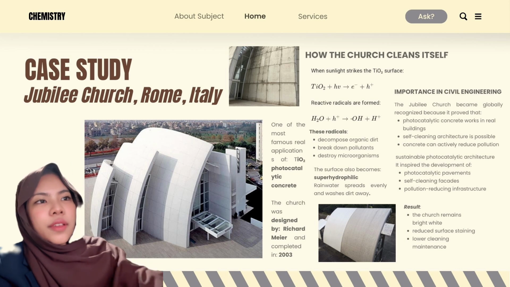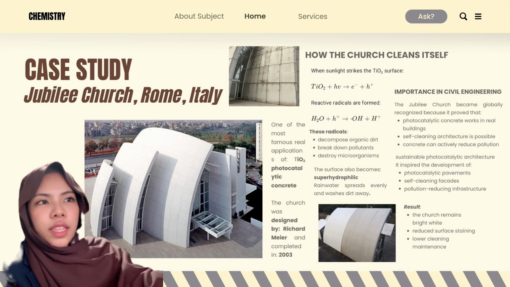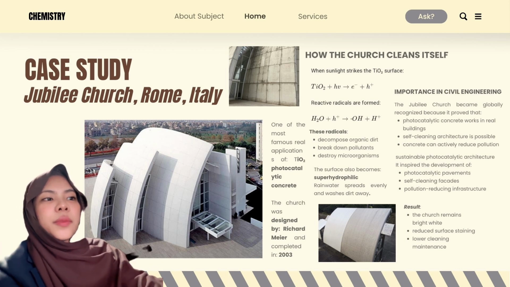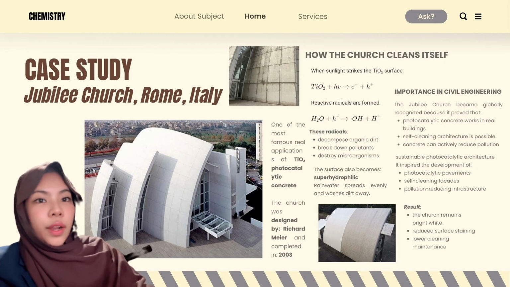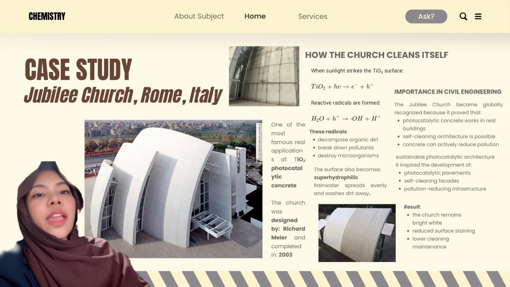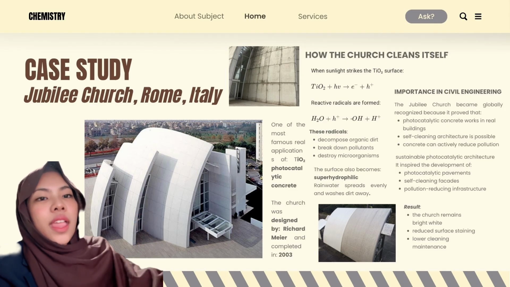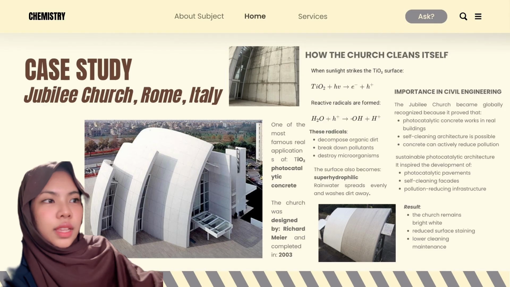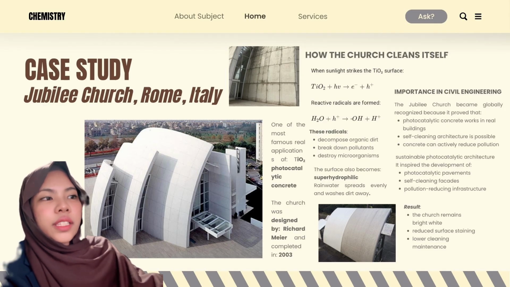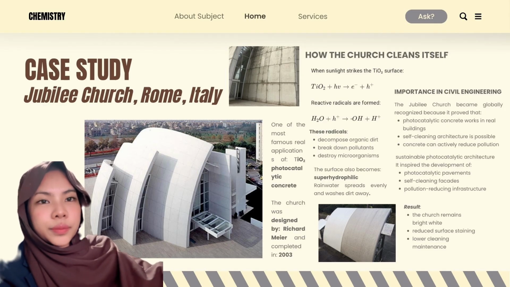The surface also becomes superhydrophilic, and rainwater spreads evenly and washes dirt away. The result is the church remains bright white, with reduced surface staining and lower cleaning maintenance. And it proved that self-cleaning concrete can actively reduce pollution.